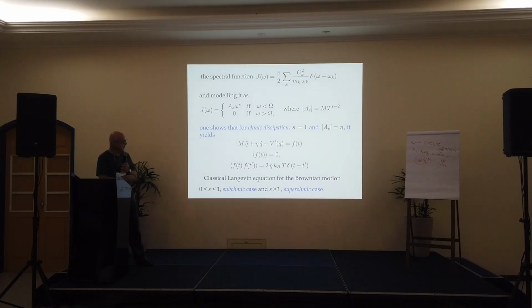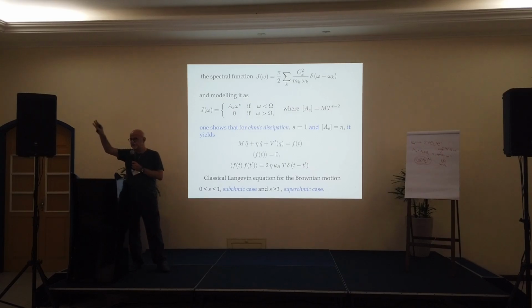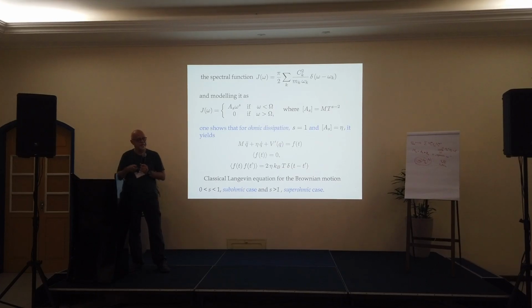And I can reproduce the Langevin equation, so all I have to do is to play with that awful double path integral with the influence functional and so on. But then I have something being solved by brute force. There is no sort of approximation. It's quite general. If you take it as a model, then you can ask me why that is. So I can just anticipate the following.